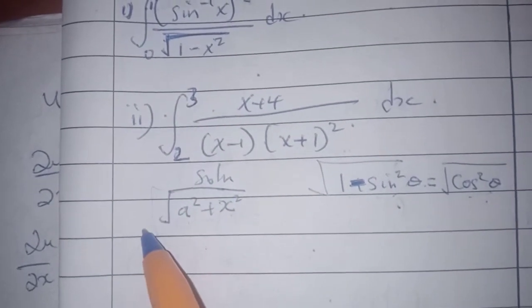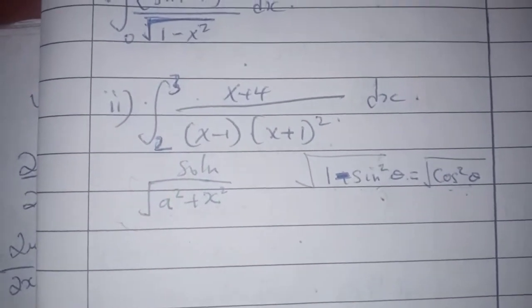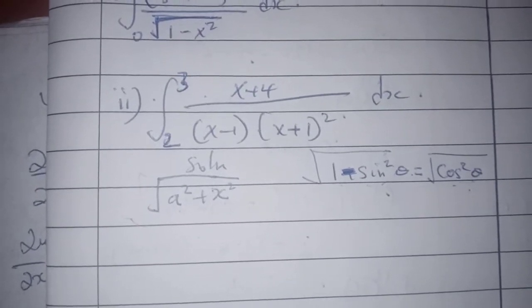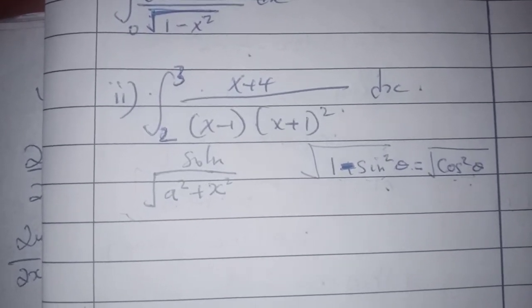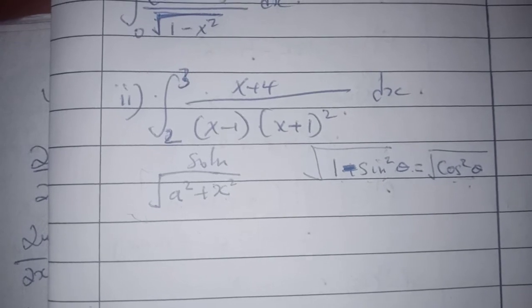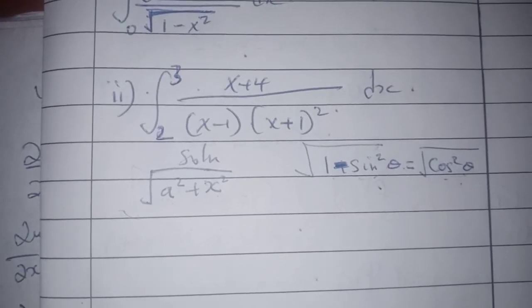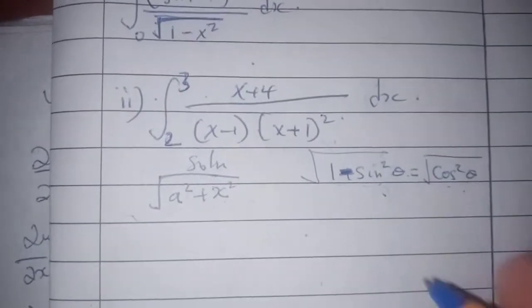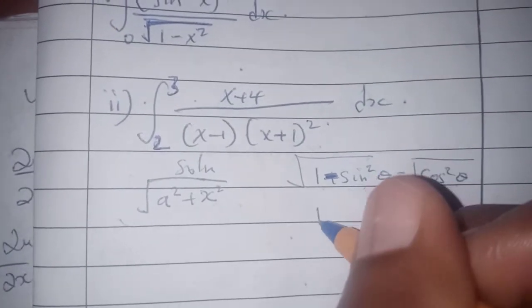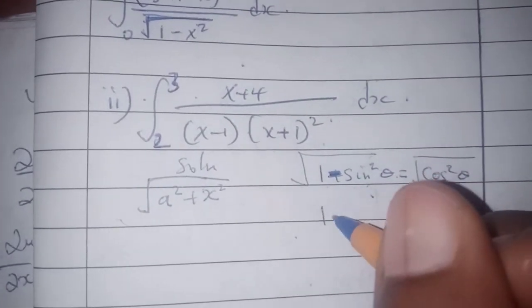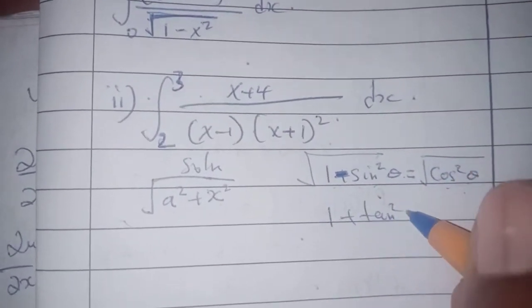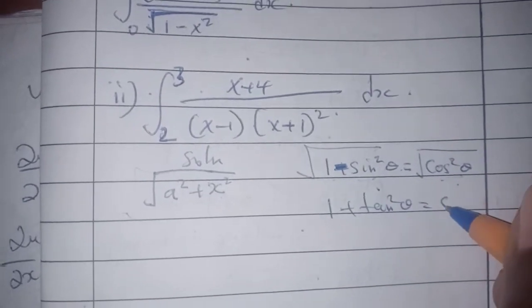Now, the second scenario. The other trigonometric identity that we normally use in integration is 1 plus tan squared theta, which is automatically sec squared theta.